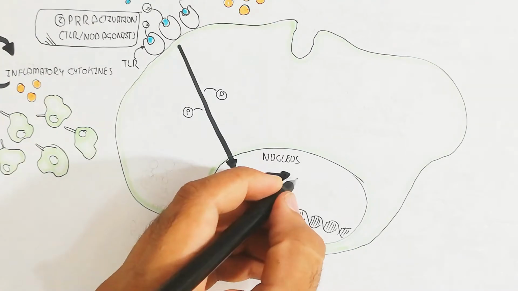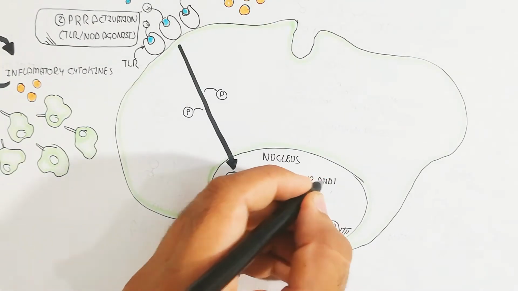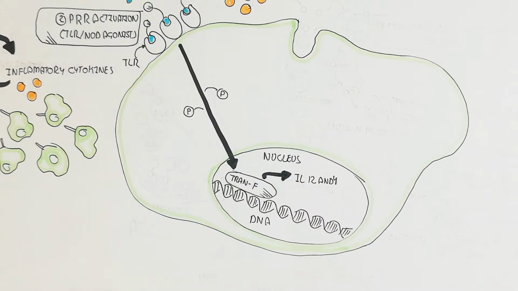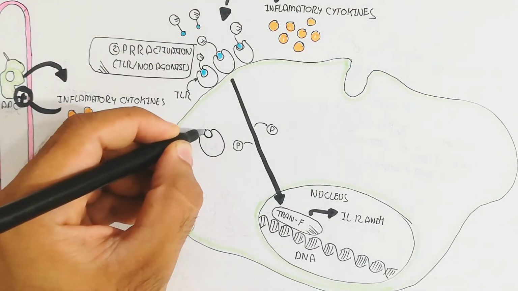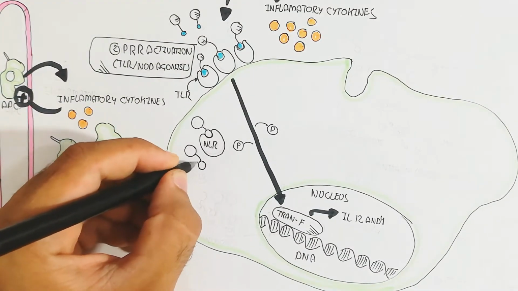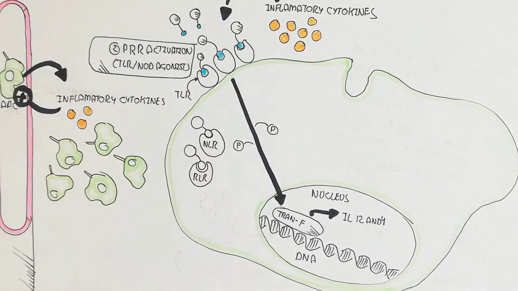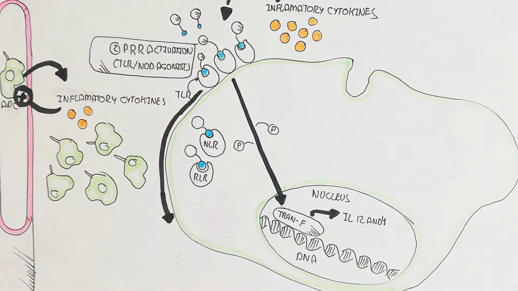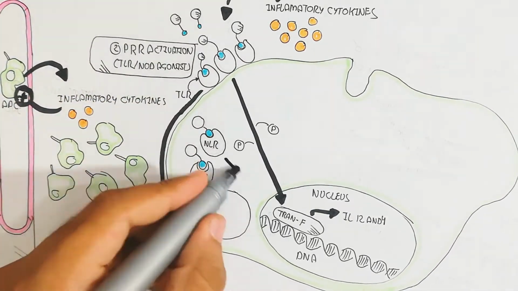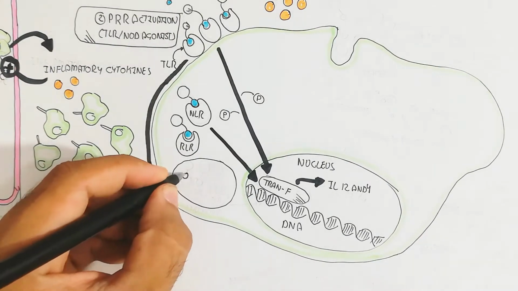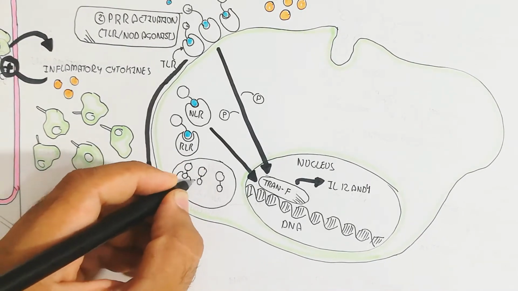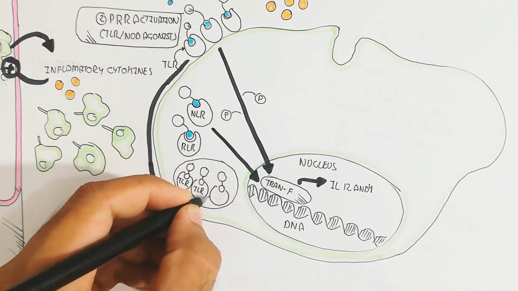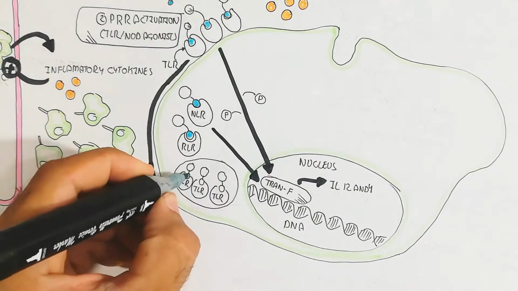So interleukin 12 and 4 will be produced, and after this the endosome also forms. Here the NOD-like receptors are present in the cytoplasm, and the RIG-like receptors are also present in the cytoplasm, which are also triggered by the binding of the adjuvant site for the transcription factor to stimulate immunity against this antigen.